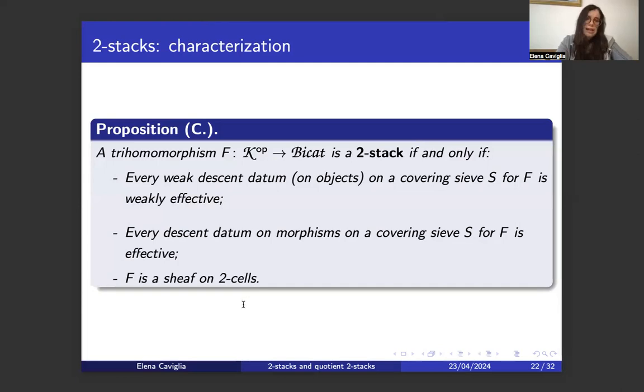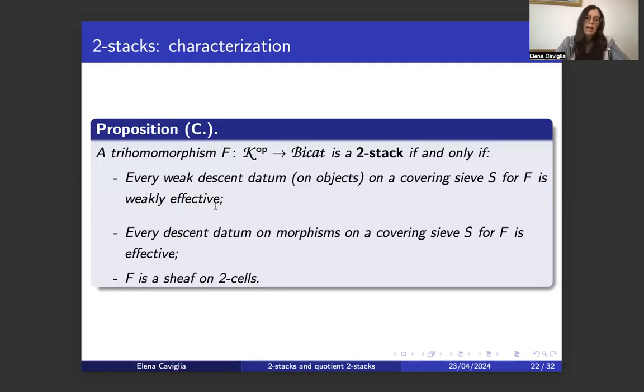And so you might wonder why we cannot give this as a definition of two-stack to begin with. And the problem is that if we want to give a definition of two-stack of this form, we don't know what are the right coherences to ask.